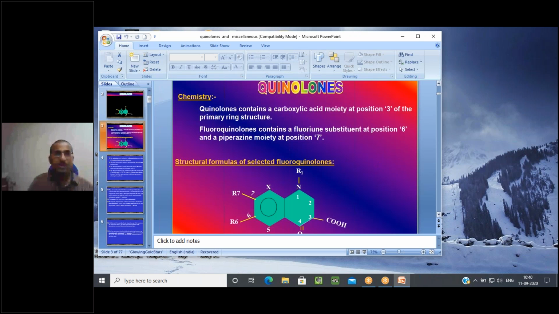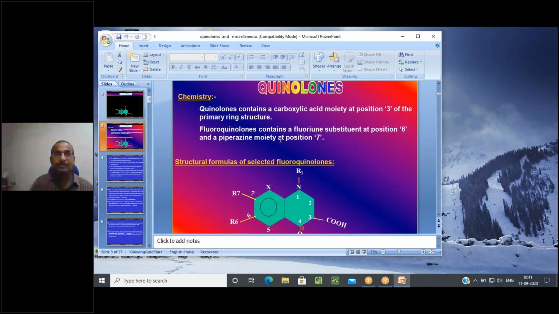Okay, so now you come to the chemical structure of fluoroquinolones. Quinolones contain a carboxylic acid moiety at position 3 of the primary ring structure, and the fluoroquinolones contain a fluorine substituent. This is SAR, structure activity relationship. By modifying the structure by addition or deletion of some moieties, they give new products.